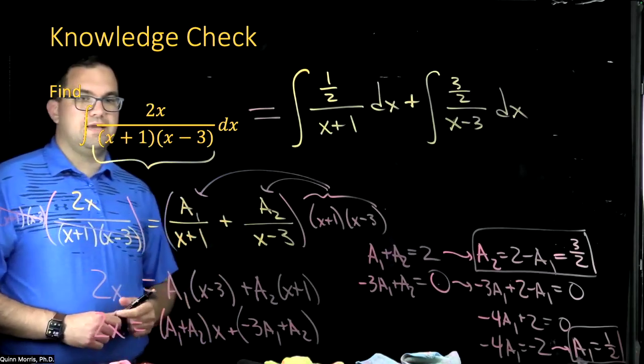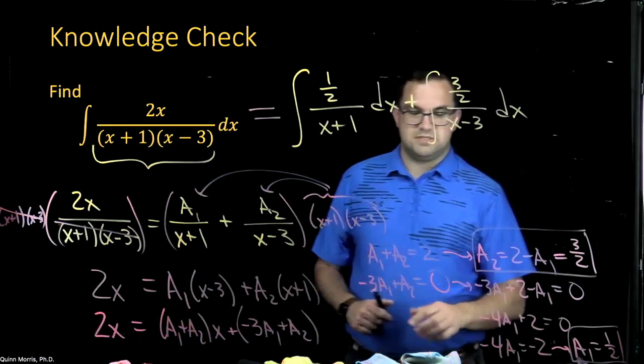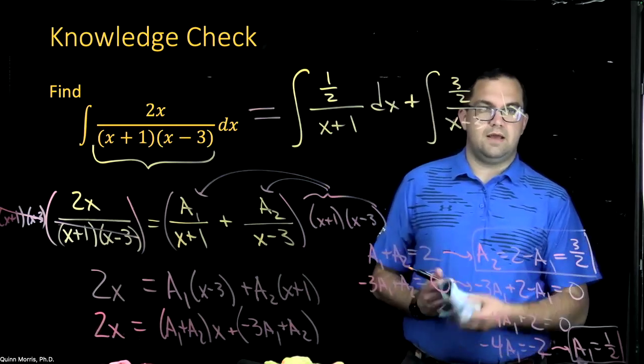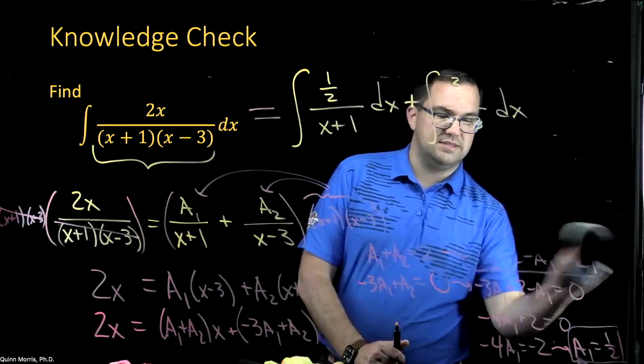All right, so that's how to rewrite the integral using partial fractions decomposition. Let's now pause a second. I'm going to erase the board, and I want you to see if you can take this the rest of the way to the finish line and find this antiderivative.